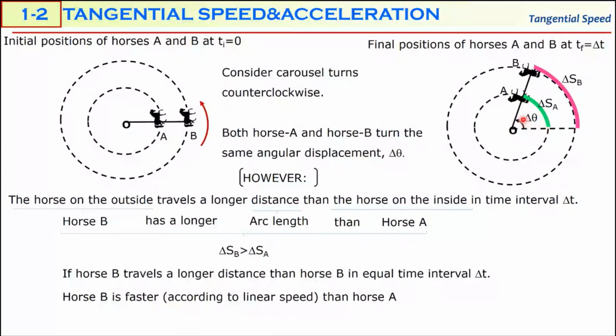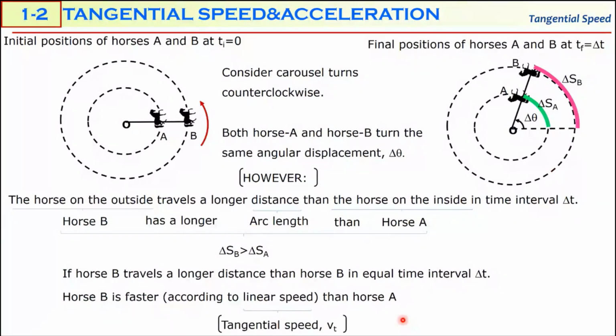Don't forget, because they turn with the same angles. However, the one which is outside travels a longer distance than the one which is inside. That is its linear speed. You defined linear speed in the 11th grade. So the linear speed of the horse which is outside will be greater than the linear speed of the horse which is inside. Horse B is faster according to linear speed than horse A.